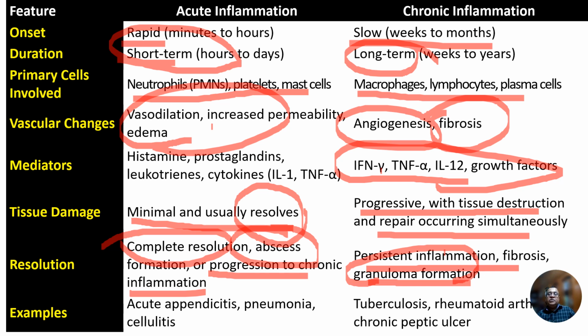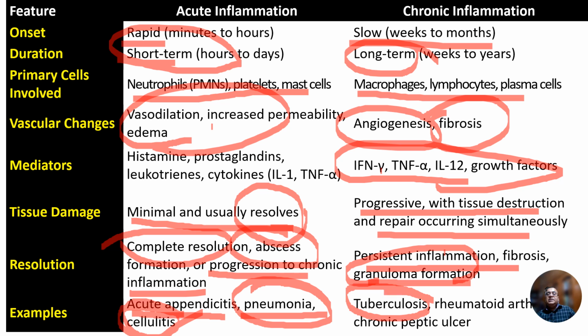Examples of acute inflammation are acute infection of the appendix, pneumonia, that is the inflammatory process in the lung, or subcutaneous tissue inflammation or cellulitis. Tuberculosis, that is a common disease in our part of the world, is one of the chronic diseases. Rheumatoid arthritis and chronic peptic ulcer are other examples of the chronic inflammatory diseases.